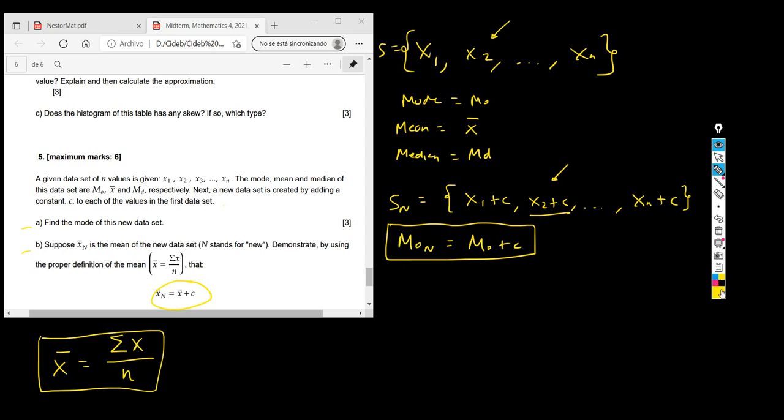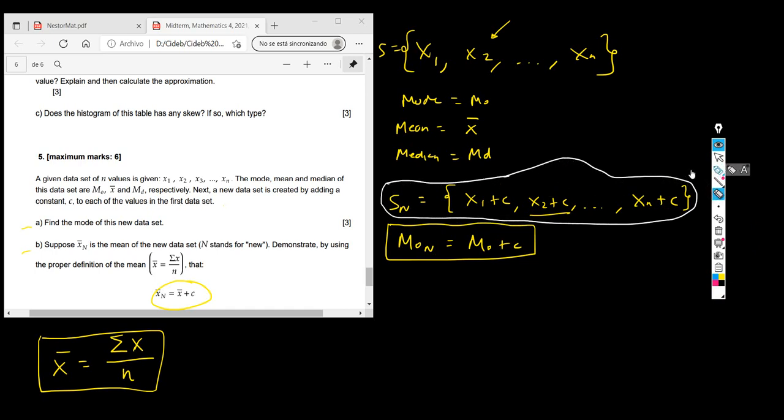Okay, let's do it. I'm going to do that in white to make a difference. Just take a look at your new data set. This is your new data set. x1 plus c, x2 plus c, etc., up until xn plus c.